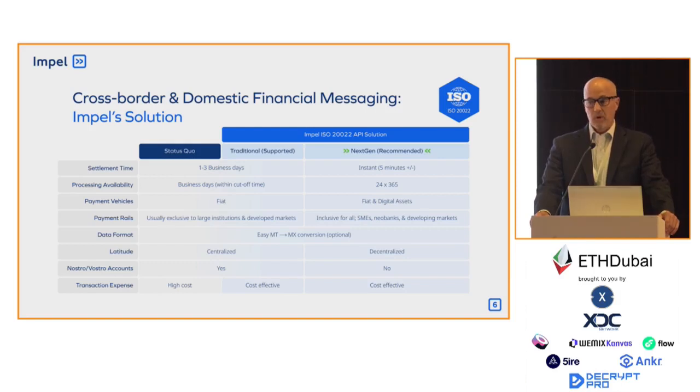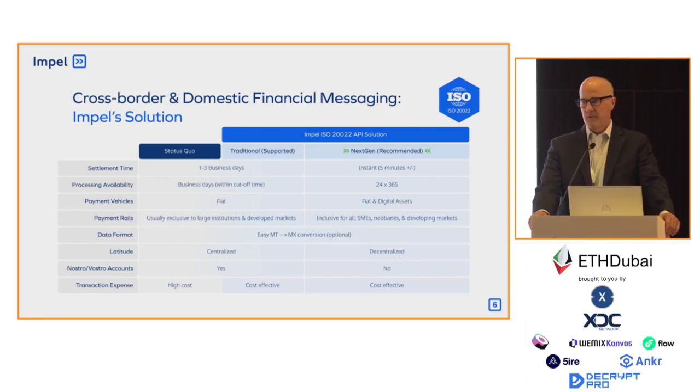Using Impel's solution, we can still use Nostro Vostro accounts, still use a central bank to settle up at the end of the day. However, we offer a lower, cost-effective operating cost for financial institutions and banks, rather than the traditional providers like SWIFT or SEPA.